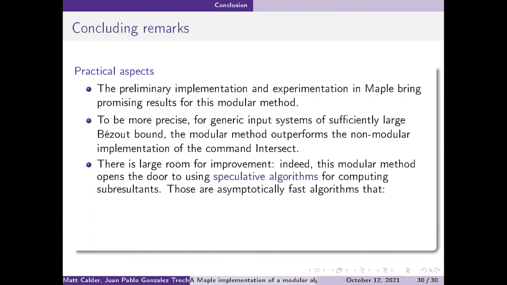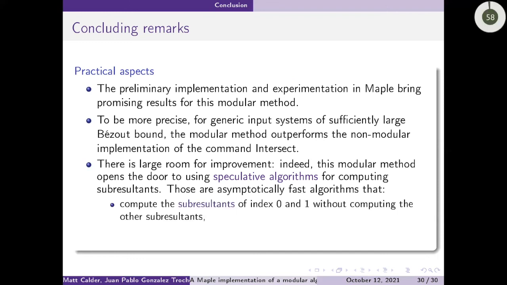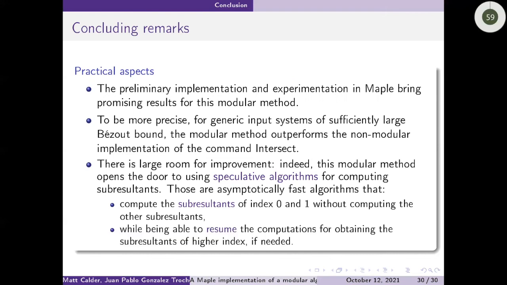Indeed, this modular method opens the door to using speculative algorithms for computing subresultants. Those are asymptotically fast algorithms that compute the subresultants of index 0 and 1 without computing the other subresultants, while being able to resume the computations for obtaining the subresultants of higher index if needed.